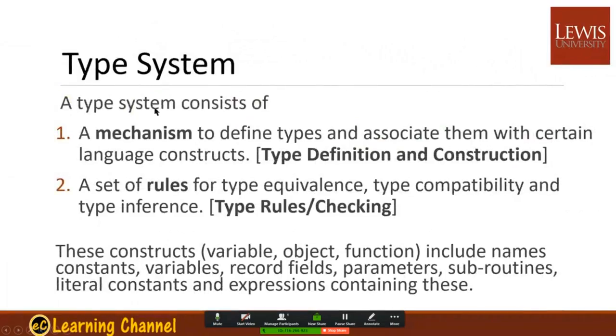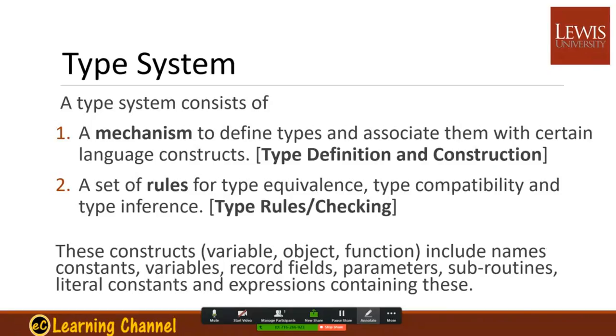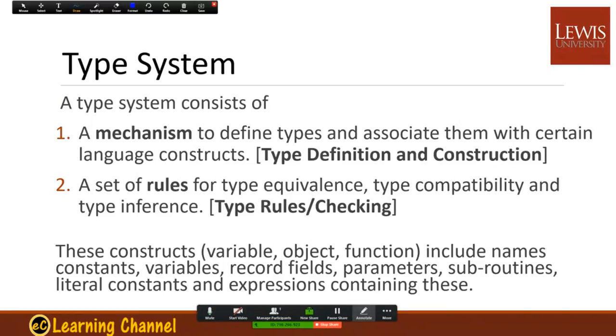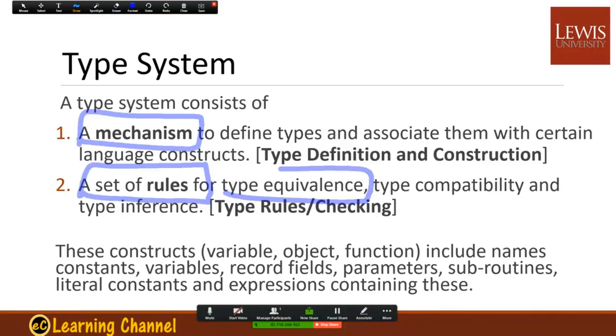Type system. A type system consists of the following two things: a mechanism to define types, and second, a set of rules for type equivalence, type compatibility, and type inference.